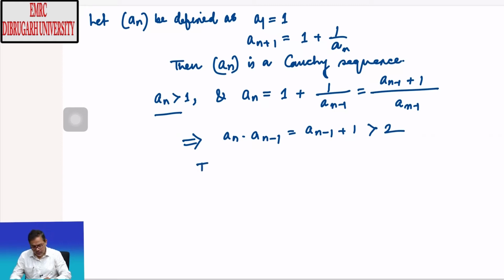And then 1 by a_n into a_{n-1} is less than half, reversing the order.